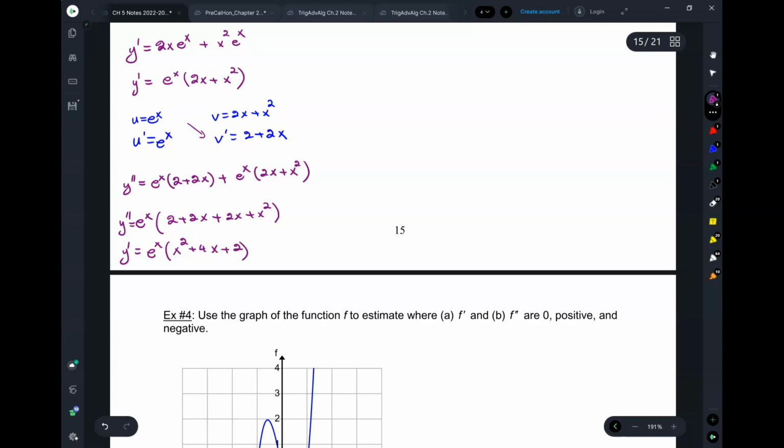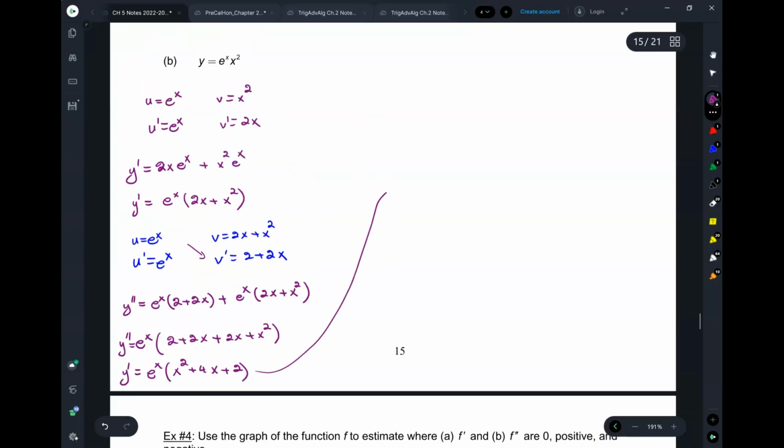Okay, so now when we set that equal to 0, what would the next step be? Factor, right? Okay, so, but the problem is this can't be factored. So what then? Quadratic formula. Yeah. Okay, so this can never be 0. So x is negative b plus or minus the square root of b squared minus 4ac all over 2a.